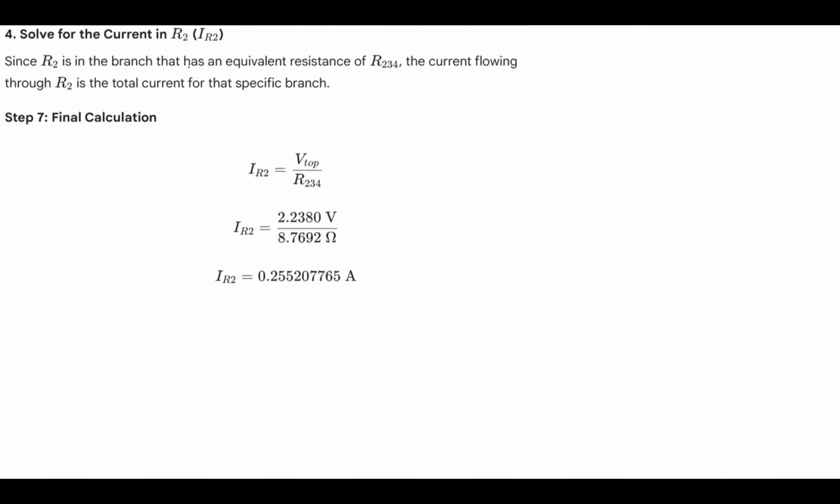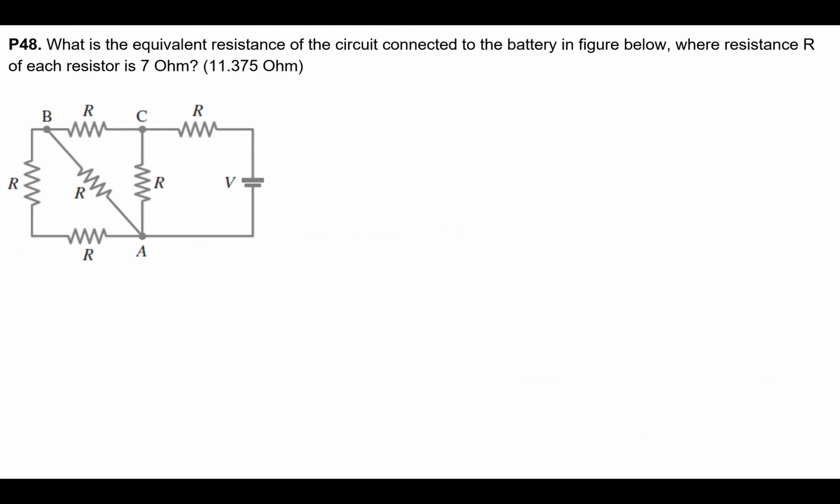Since R2 is in the branch that has the equivalent resistance of R234, the current flowing through R2 is the total current for that specific branch. So the current in R2 is given by this one, and then eventually we get this. Okay. So it's a kind of step by step. It's nothing complicated, but I just want you to follow each step one by one.